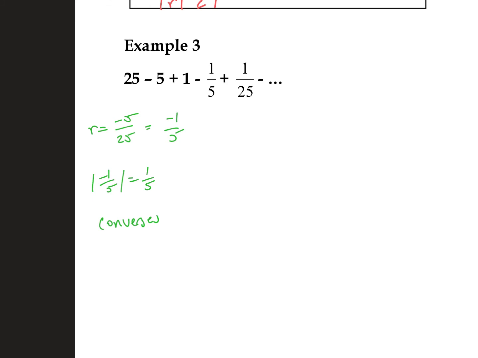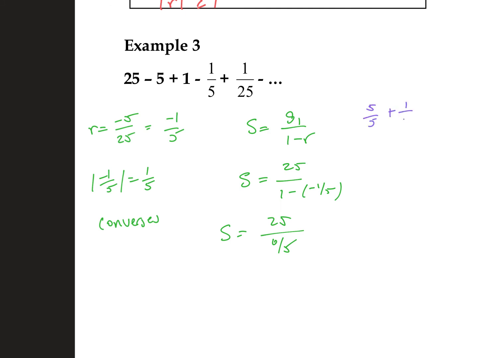Okay, so if it converges, I have a formula. So S is equal to G sub 1 over 1 minus R. G sub 1 was my first term, so 25 over 1 minus a negative 1/5. So my sum here is 25 over 6/5, because remember, if I take 5 over 5, which gives 1, plus 1/5, you get 6/5.